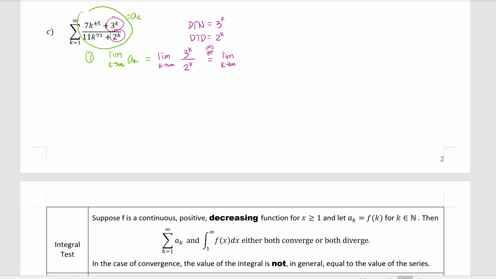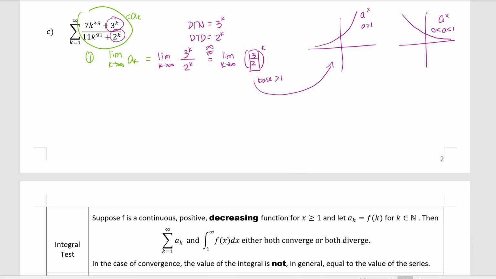Well, you actually combine them. Now, let's look at the base. The base is greater than 1. Remember, if the base is greater than 1, the exponential function is increasing. If the base is less than 1 but greater than 0, the exponential function is decreasing. So in this case, we have the increasing picture. So when k goes to infinity, this just goes to infinity, blows up. Okay?